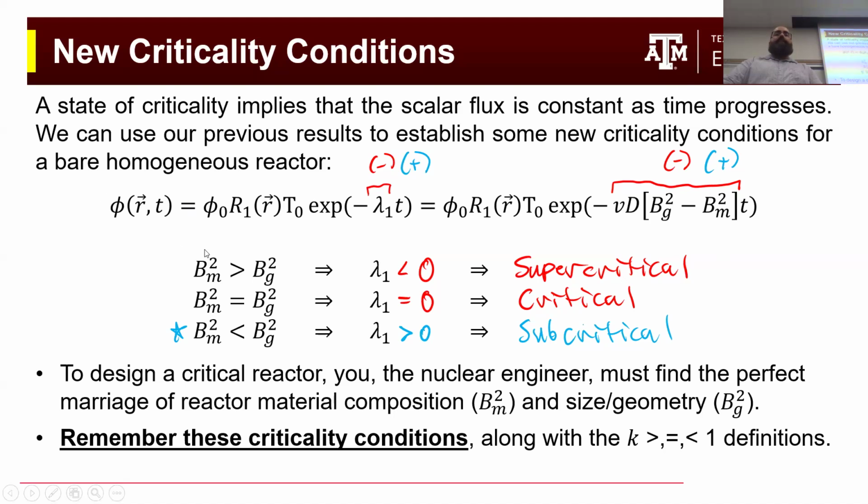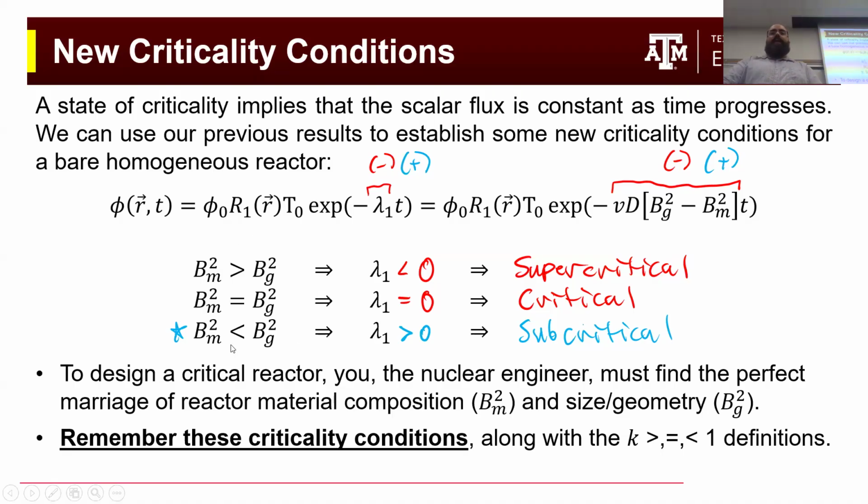If your reactor materials don't have a sufficient fission rate to be able to sustain fission reactions, or have an absorption that's so high that you have more absorptions than you have fissions, you basically need your materials to be able to sustain a fission reaction. Otherwise, the geometry doesn't matter. So the material properties are more important than the geometrical properties in that sense.